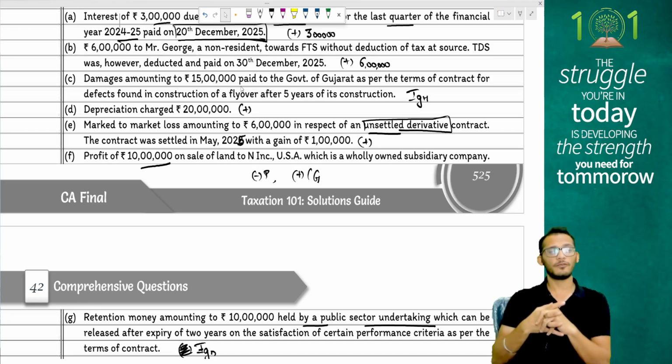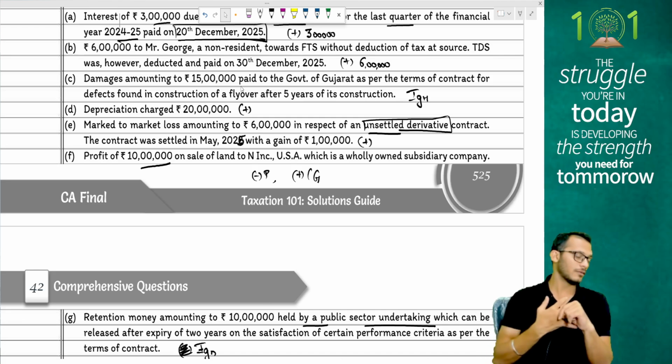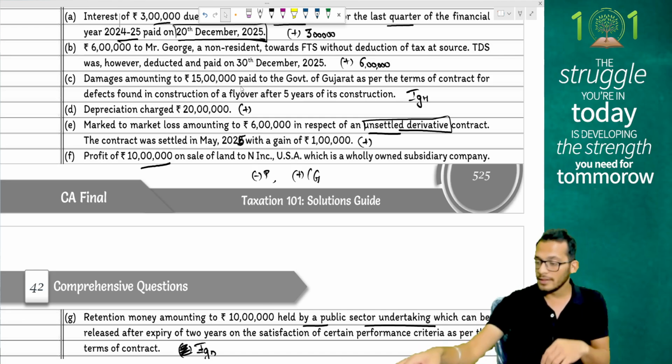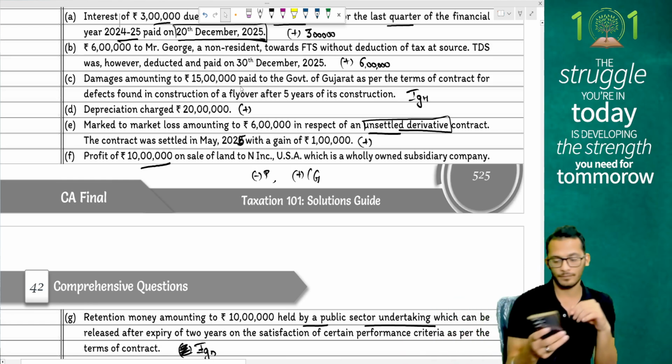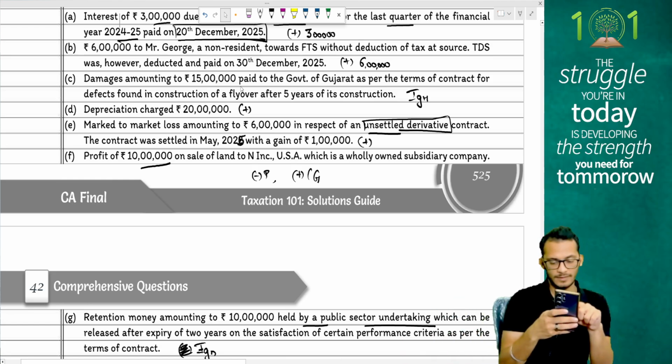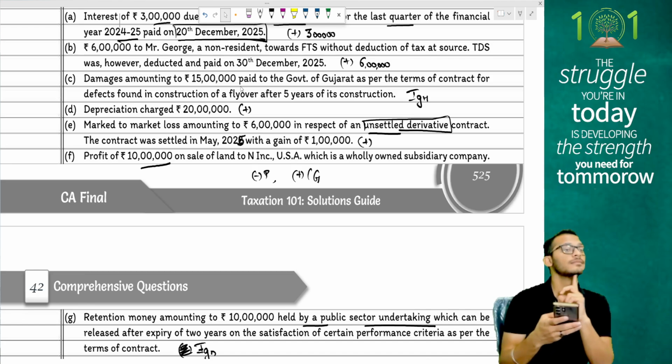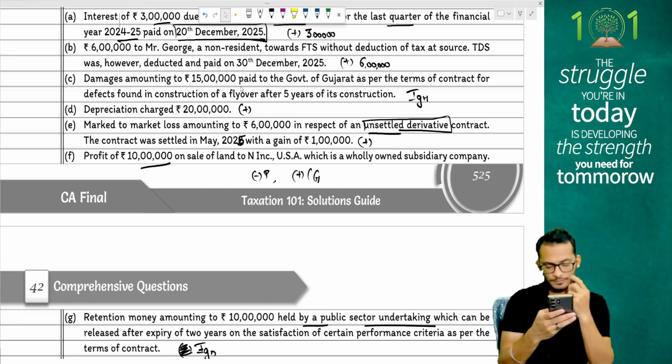Thus, profit forming part of P&L needs to be reduced, claimed, whatever it is.